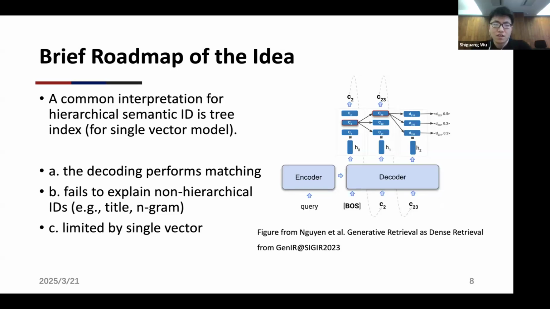What about the hierarchical ID? So a common implementation is doing hierarchical clustering to get the ID. So we're doing hierarchical clustering to get a string of tokens, a string of cluster IDs for this document. And this is, again, actually what a tree index is doing.